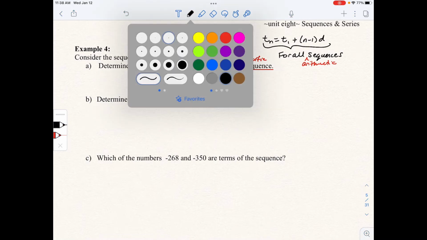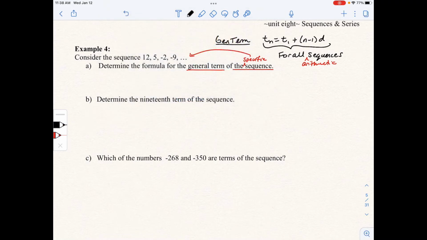So I could actually take this first formula, the general term, which is Tn is T1 plus n minus 1 times d. And I can fill in what I know from this sequence. So of course my first term is 12. Our difference here is a minus 7, right? We're subtracting 7, subtracting 7.